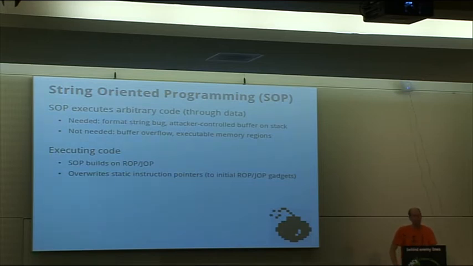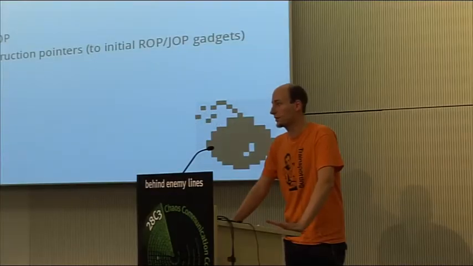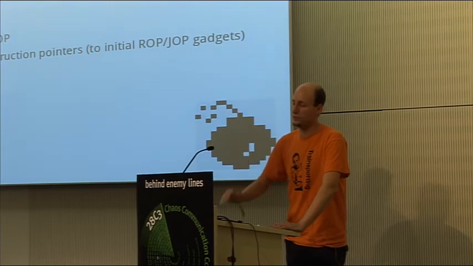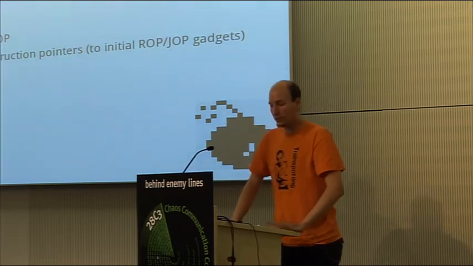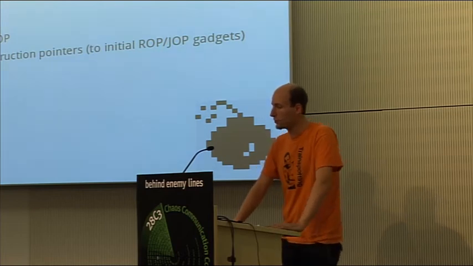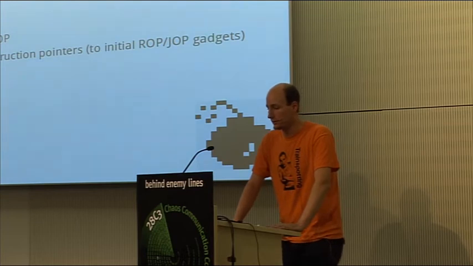What we need to construct such an exploit is a format string bug in an application and an attacker-controlled buffer somewhere on the stack. It doesn't matter where on the stack it is, we only need to know the offset from the printf function to that buffer on the stack. What we don't need to execute such an exploit is a buffer overflow, executable memory regions, or any other fancy things.